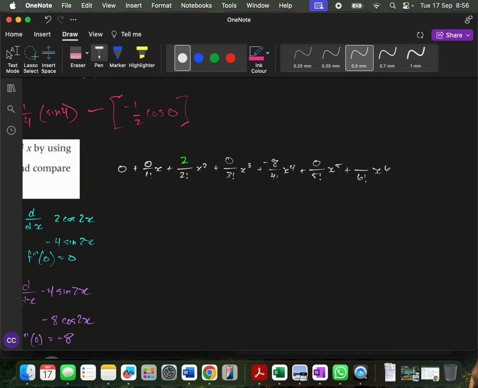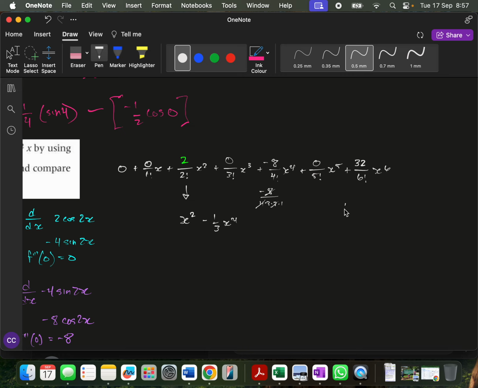I should have enough information here to do this. Right away, this one stays, and it's just x squared. This one, negative 8 divided by 4 times 3 times 2 times 1, just turns into minus 1/3 x to the 4th.